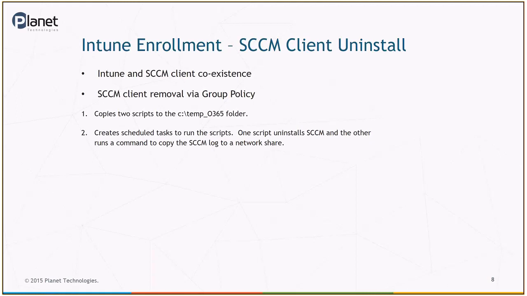One script uninstalls SCCM, the SCCM client. The other script runs a command that copies the SCCM log to a network share, where we can then look at that and say, okay, I see the log, and I looked at the log, and it's clean. It looks like it uninstalled the SCCM client successfully. So you can use that as a model if you're in that position.